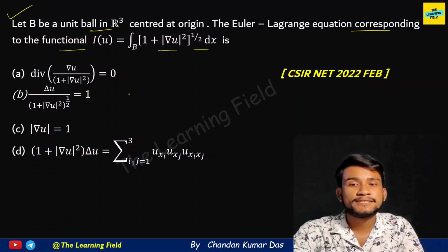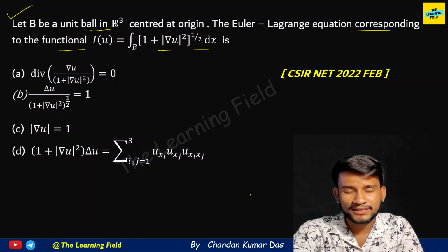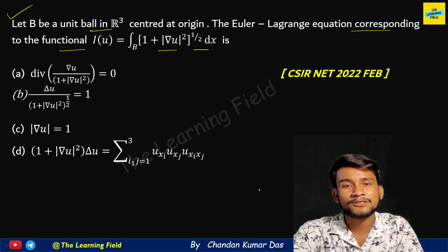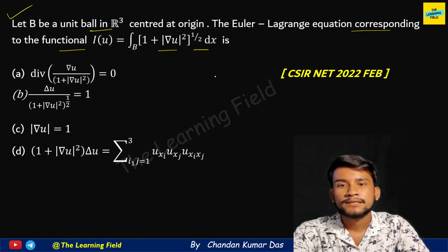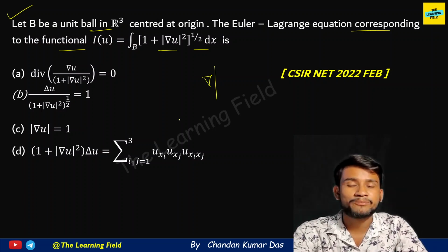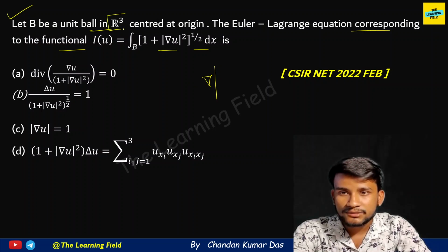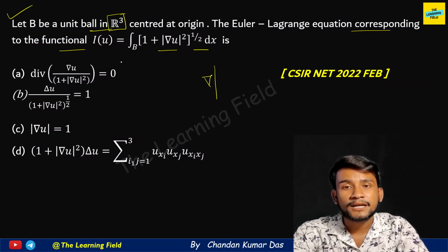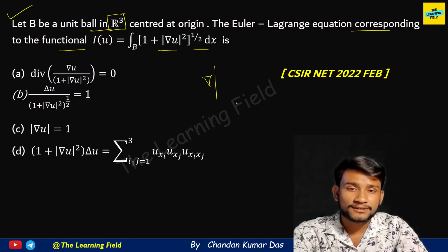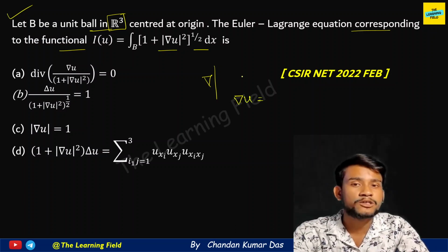See, this is not a simple or normal type of calculus of variations problem. Here the del or nabla operator is included in this problem, and the space is R3. How can we define del of u in vector space?